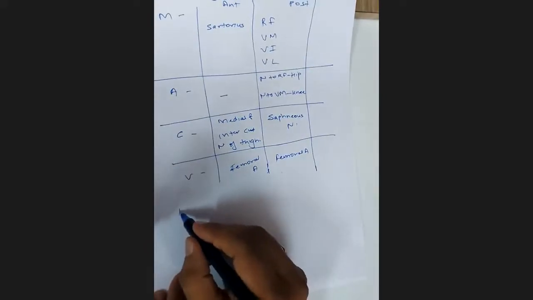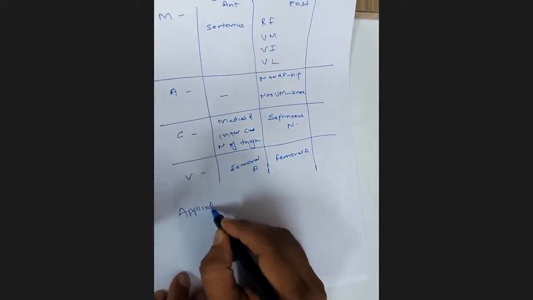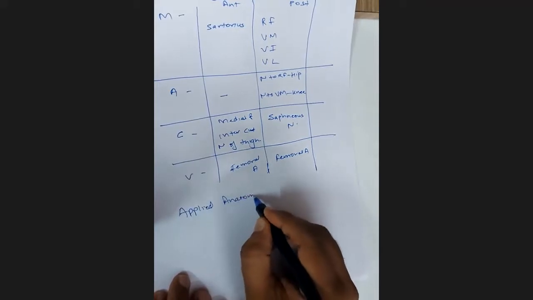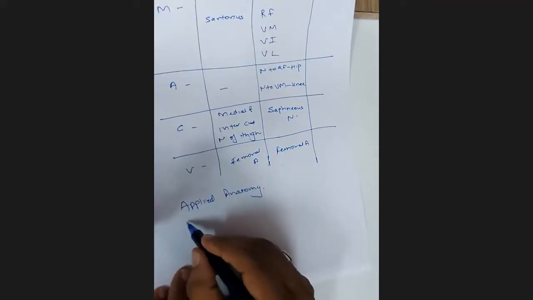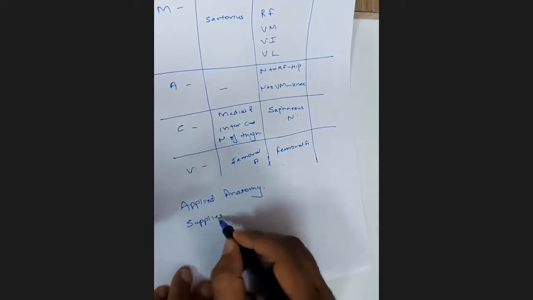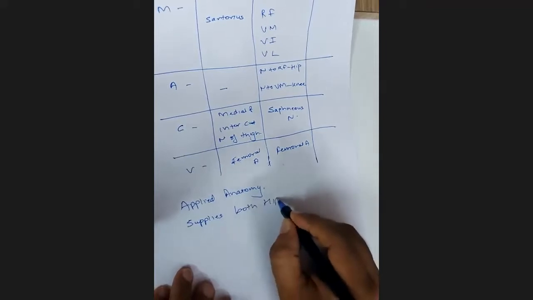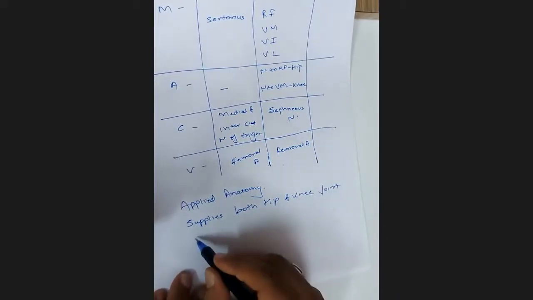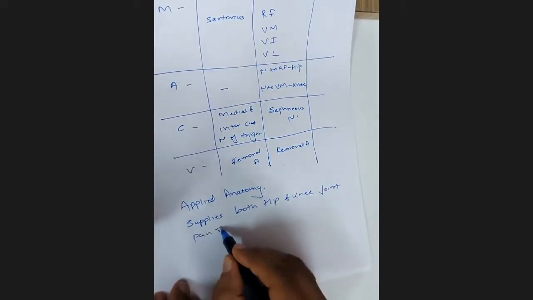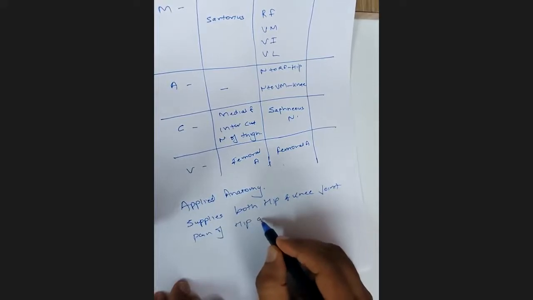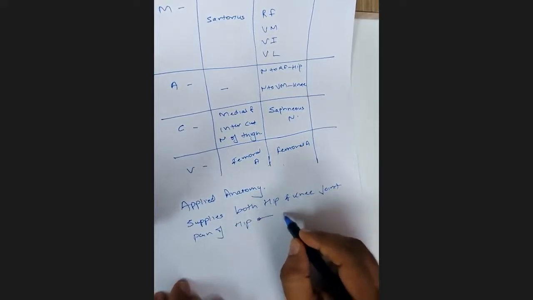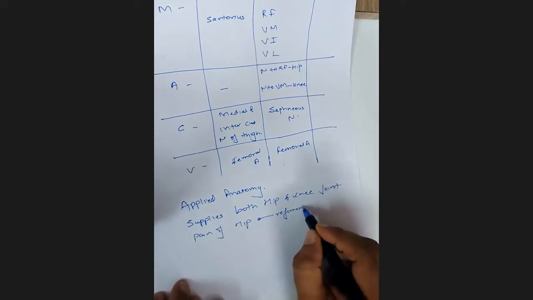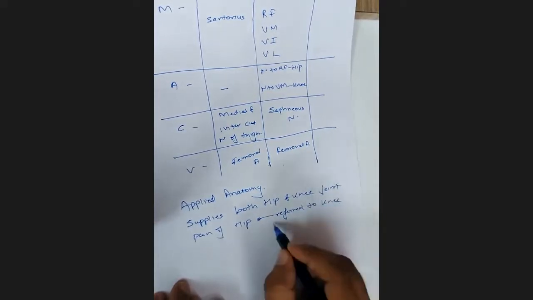Now coming to the last part of the femoral nerve, that is the applied anatomy. So here we say that because it supplies both hip and knee joint, the pain of hip may be referred to the knee and vice versa.